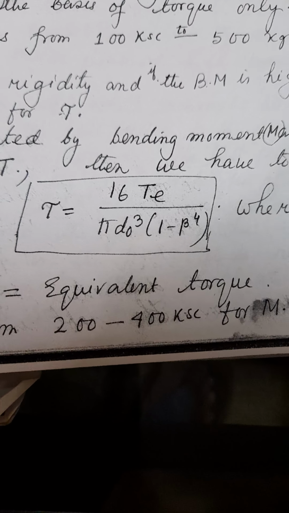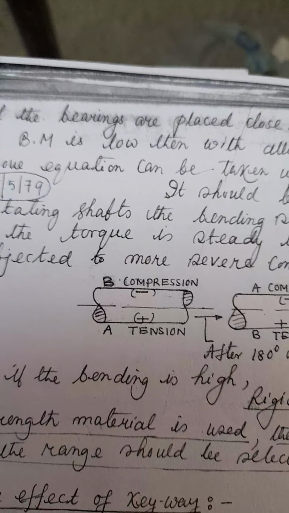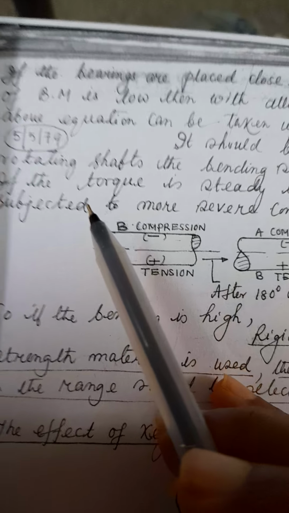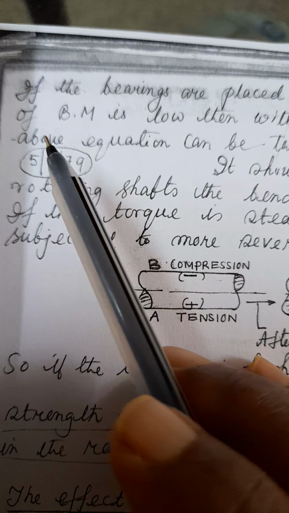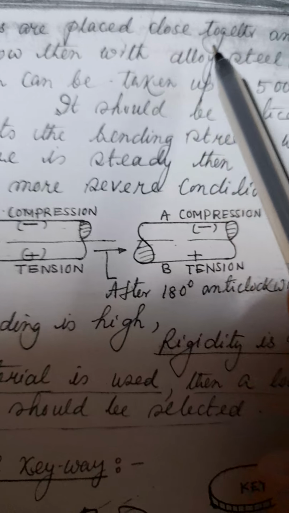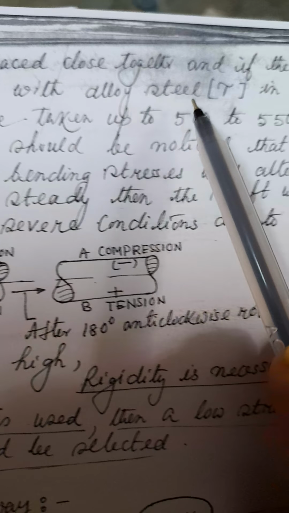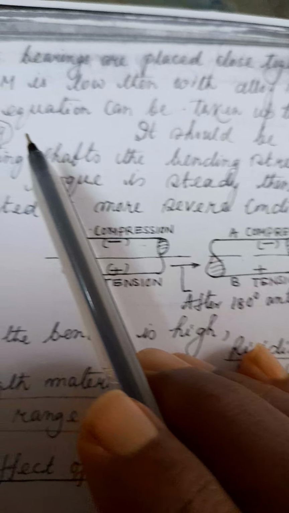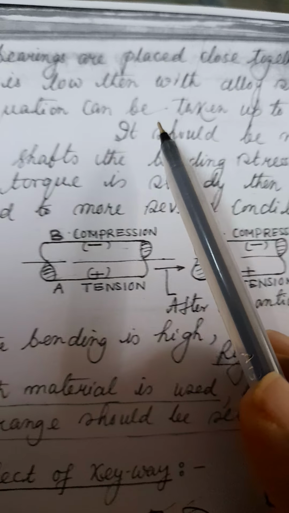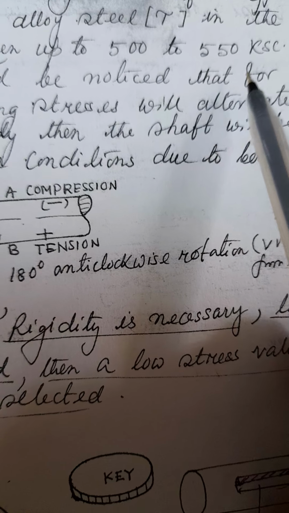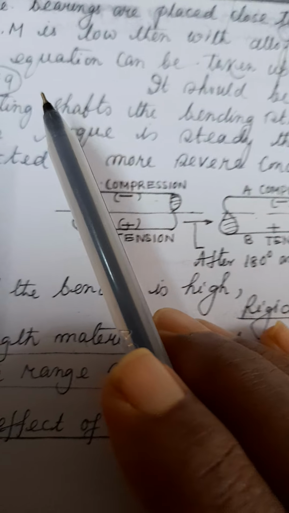Now in this design, if the bearings are placed close together, and if the effect of bending moment is low, then with alloy steel tau in the above equation can be taken up to 500 to 550 kg per centimeter square.